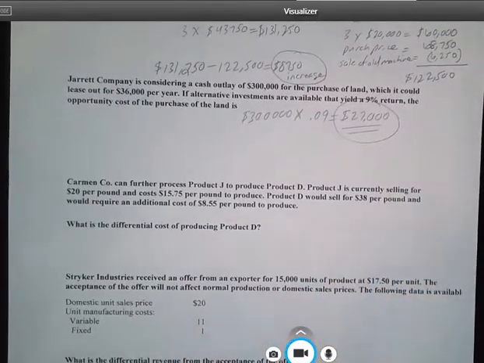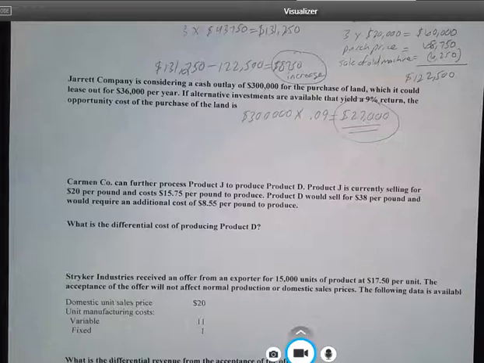What is this now? Thought we had already done this. Okay, Carmen Company can further process product J to produce product D. Product J is currently selling for $20 per pound and costs $15.75 per pound to produce. Product D will sell for $38 per pound and would require an additional $8.55 per pound to produce.